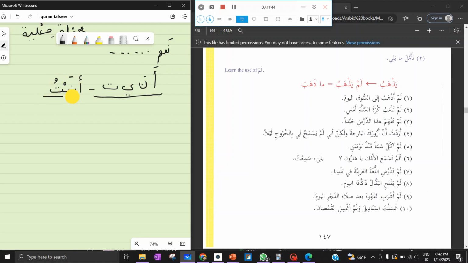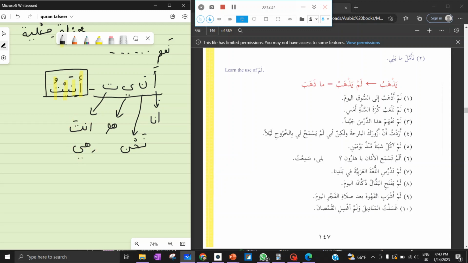So any present tense, when you see these letters alif, noon, ya, and ta before a present tense, it means that it is a present tense, and it also shows alif shows for ana. Noon shows for nahnu, and ya shows for huwa, and ta shows for anta. Anta for male and hiya also, both of them.